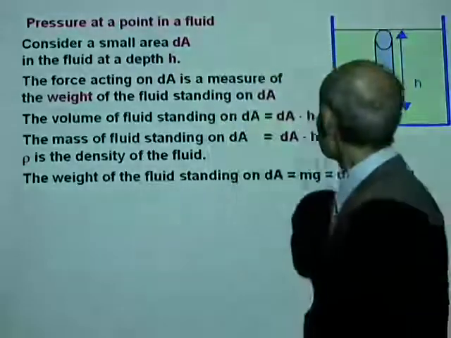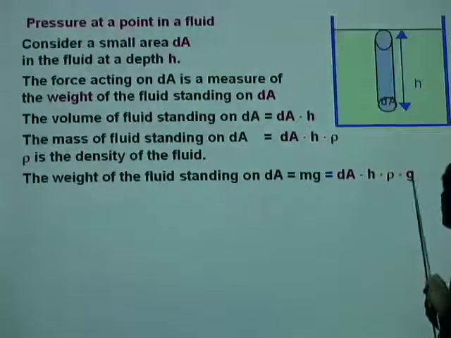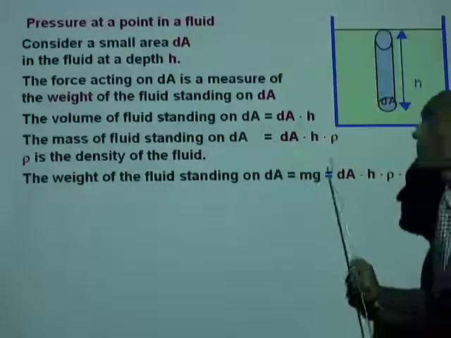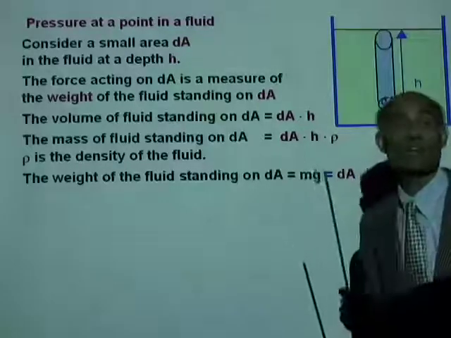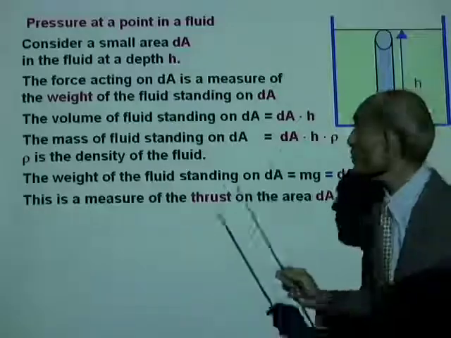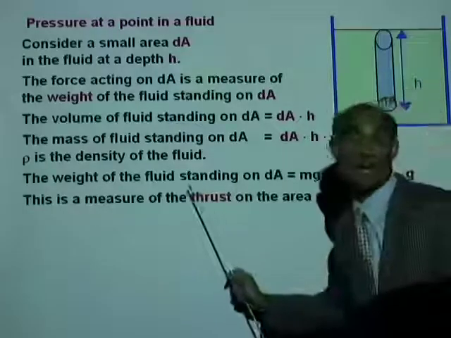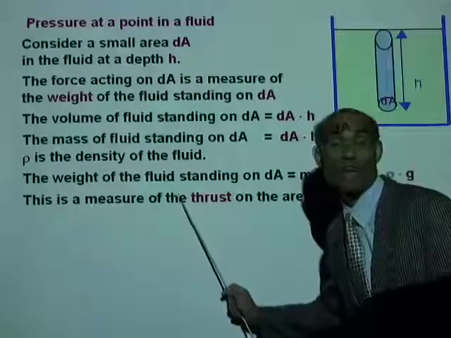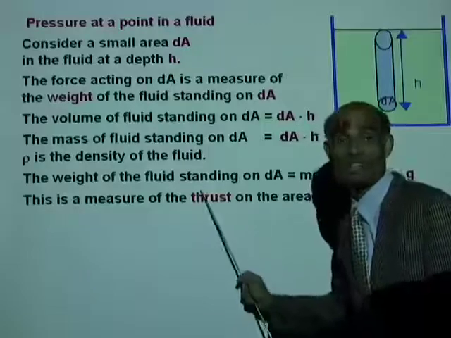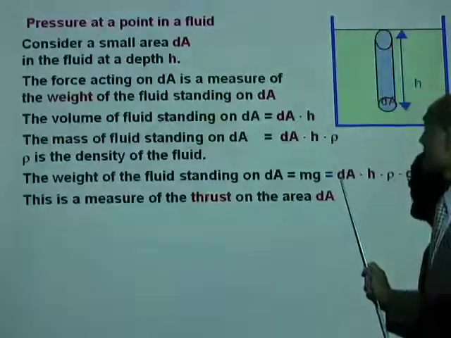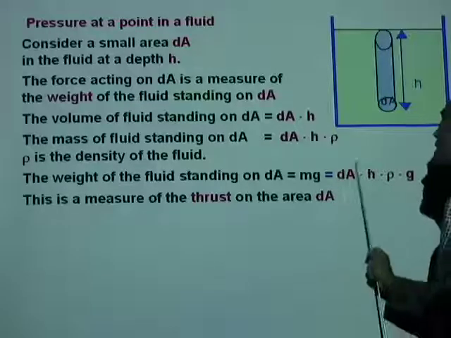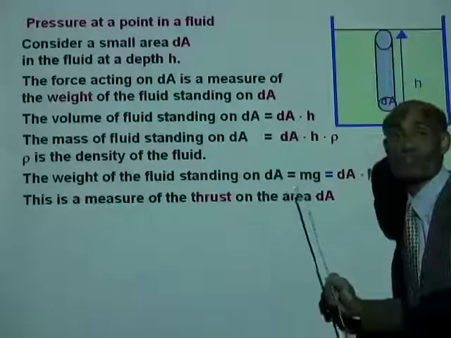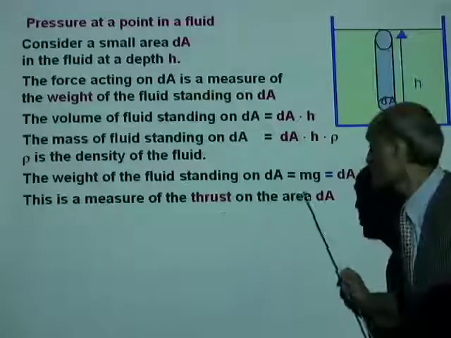Therefore, the weight of this fluid is a measure of the force acting on the area dA. It's a measure of the total force, and the total force on the area we call thrust. So dA times h times rho times g is a measure of the thrust acting on the area dA.